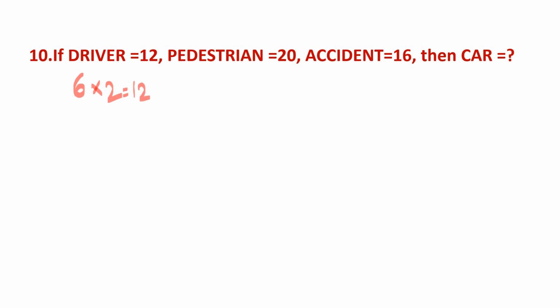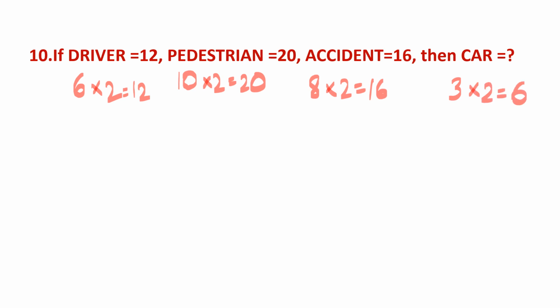Number of letters in the word pedestrian is 10. 10 into 2 is 20. Number of letters in the word accident is 8. 8 into 2 is 16. Number of letters in the word car is 3. 3 into 2, that is 6.